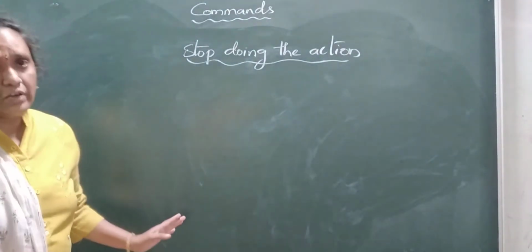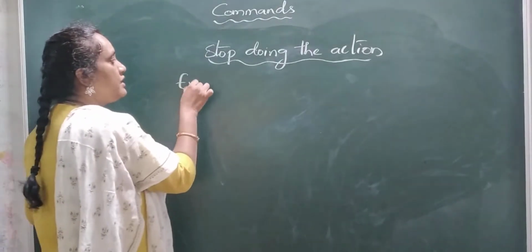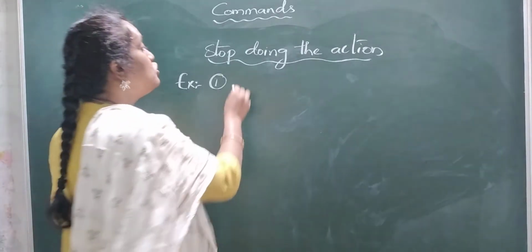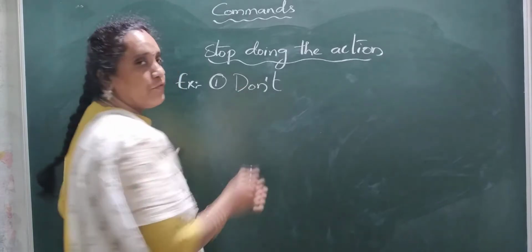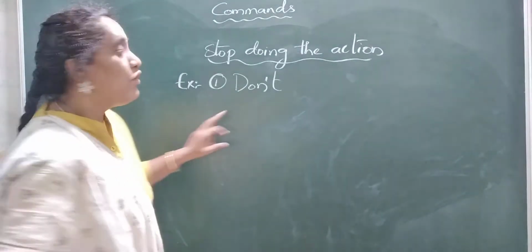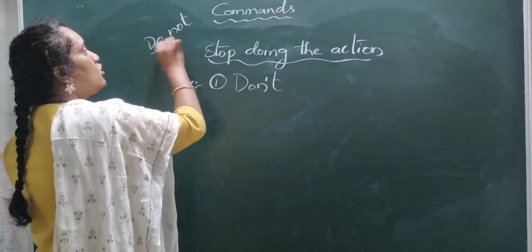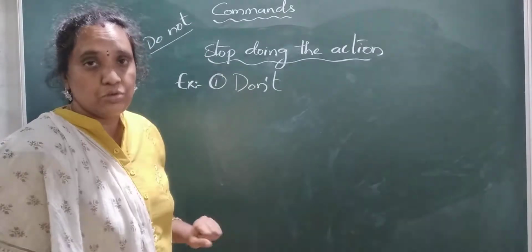These are also commands which make others stop doing some action. Example 1: don't. We use the word don't. This is the short form. What is the full form of this? We can say do not. In place of don't, we can use do not.